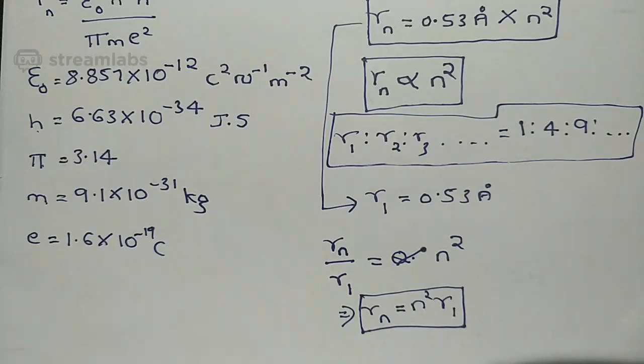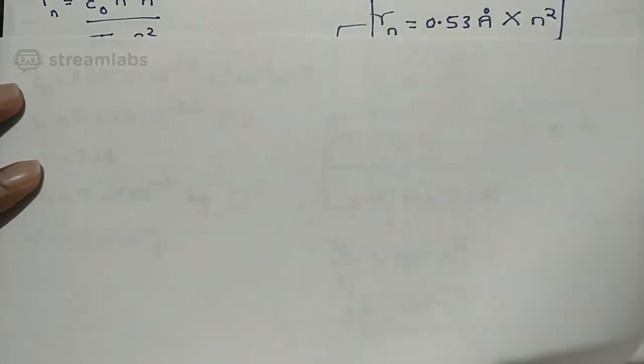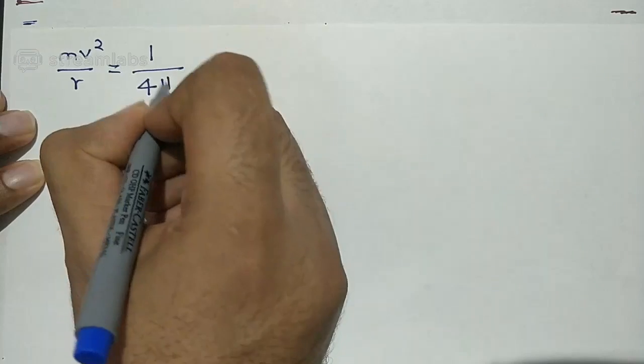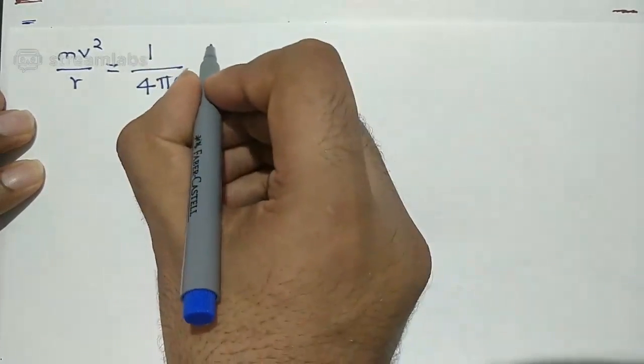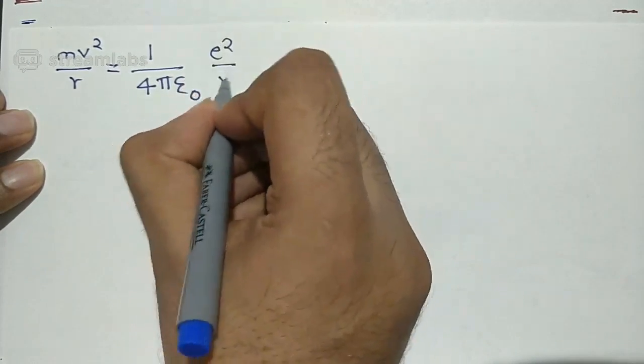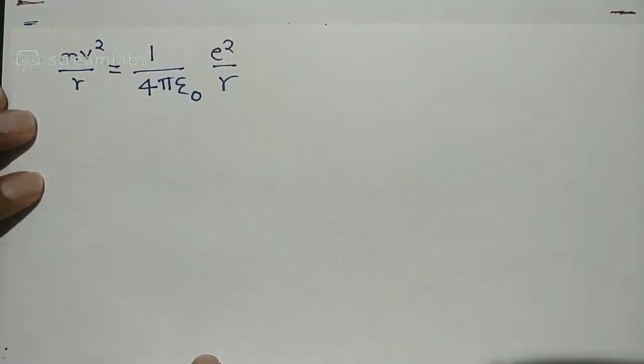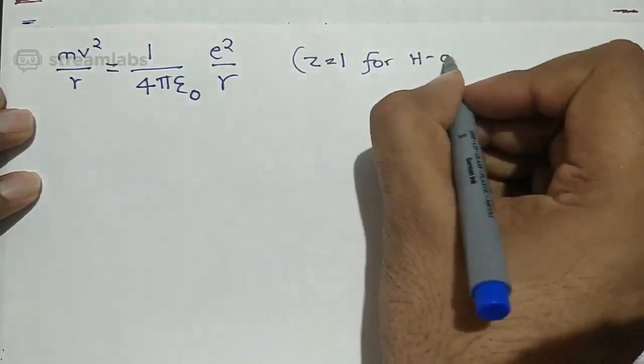Now you can also find the velocity of the electron in the nth orbit. So how to find the velocity of the electron in the nth orbit? What is the expression for centripetal force? 1 by 4 pi epsilon naught Z e square by r square, for the hydrogen atom.